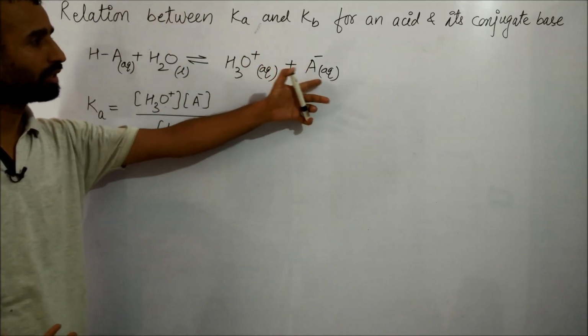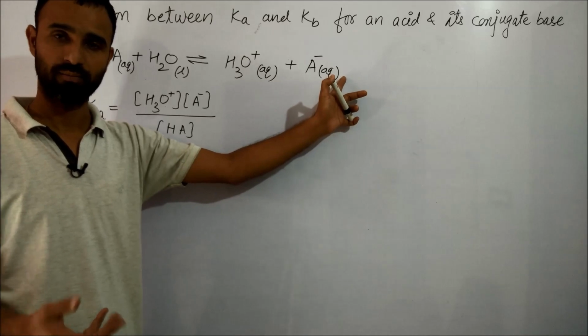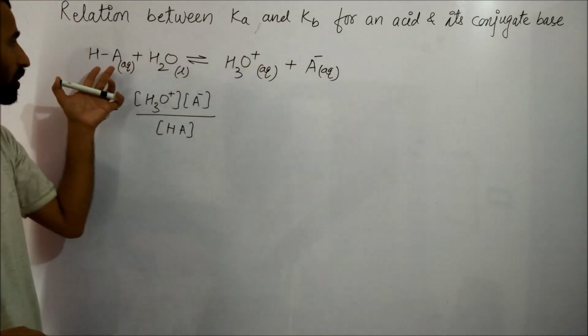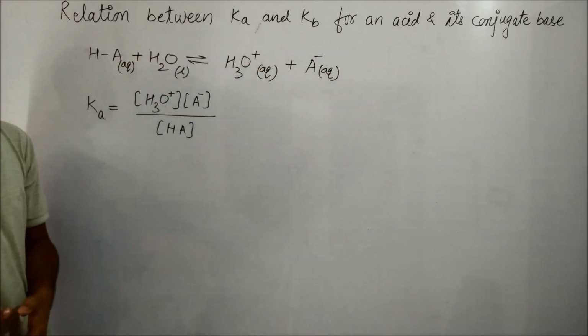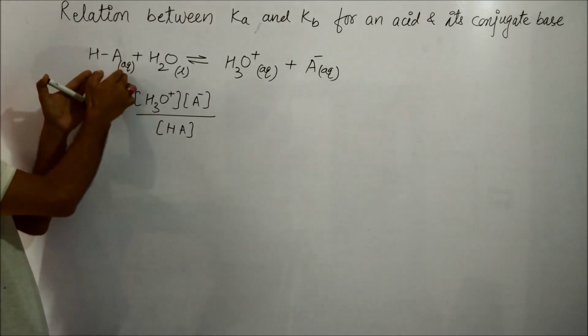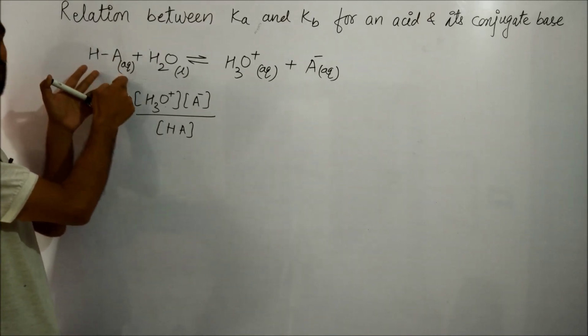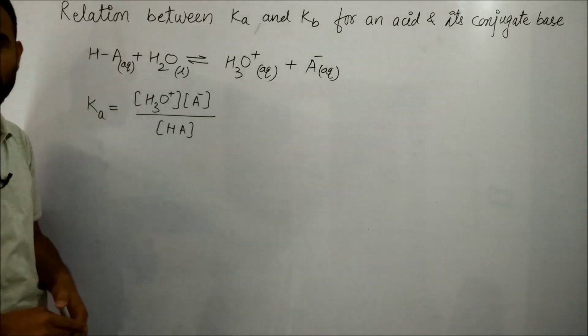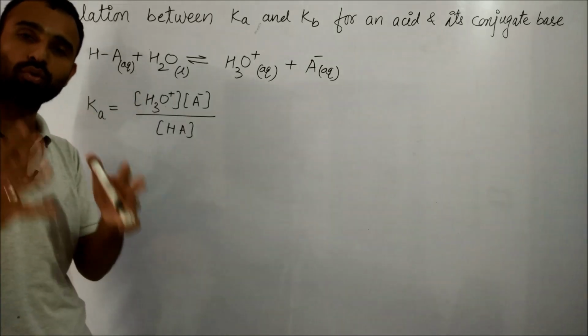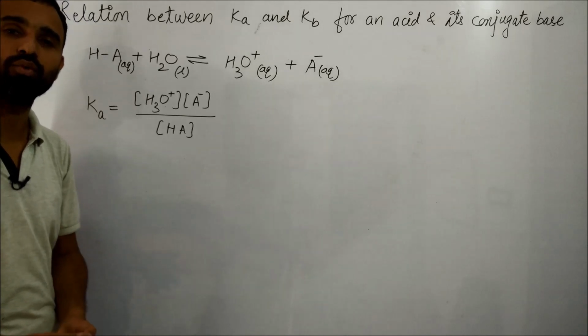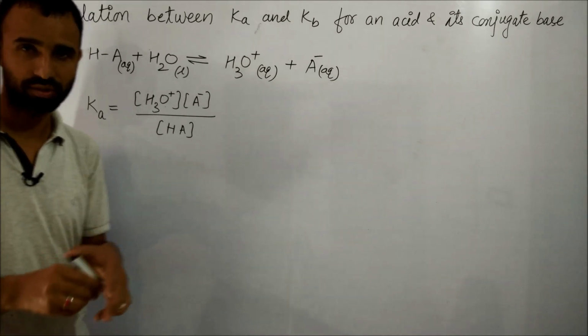So you can see in A- there is no H, in HA there is one H. This is a monobasic acid. The acid which gives only one H+ ion is known as monoprotic or monobasic acid.